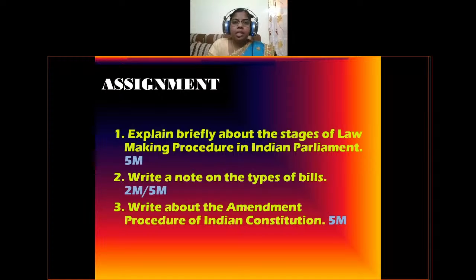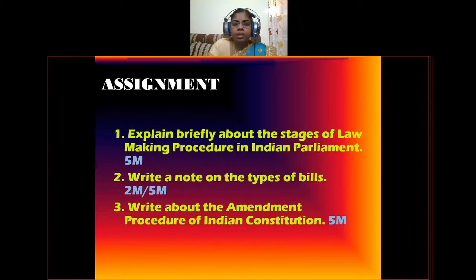Next, the second question is, write a note on the types of bills. This question can be given for either 2 marks or 5 marks.